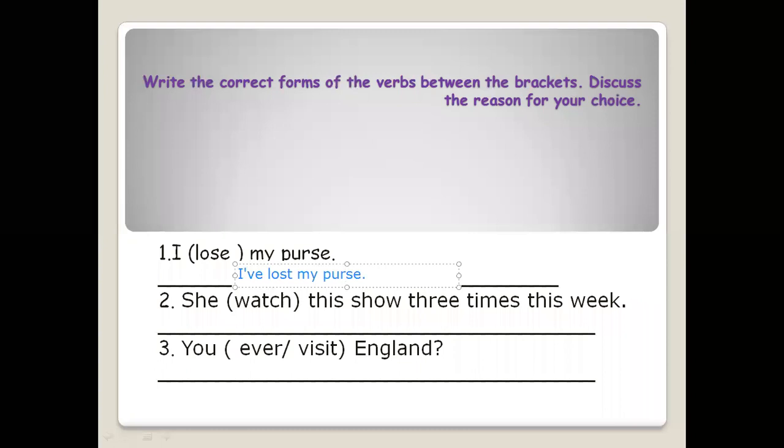Number 2, she, between the brackets, watched this show 3 times this week. So when I say she watched the show 3 times, it means it's a repeated action, watching the show many times or 3 times. So to talk about an action that has been repeated many times, I will use present perfect.